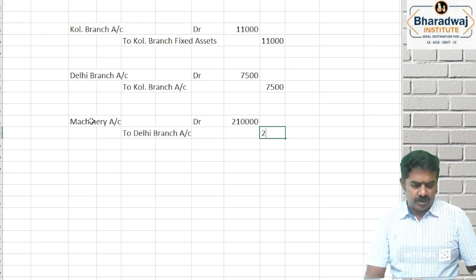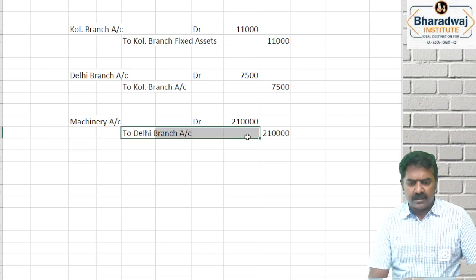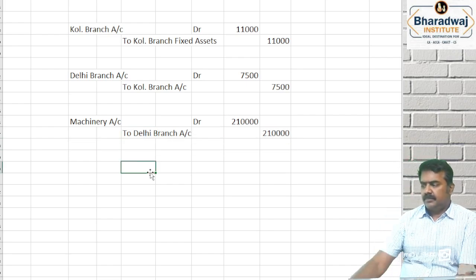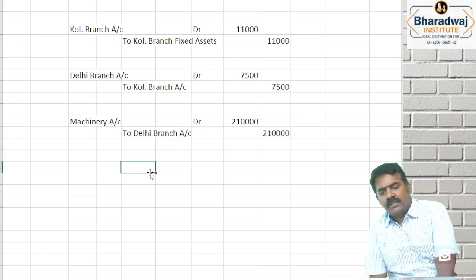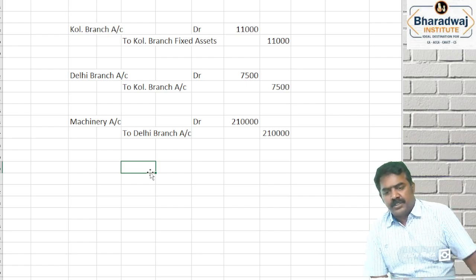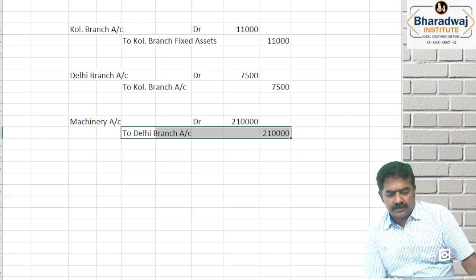Delhi branch account 2,10,000. The asset is with us, but who paid it? Branch paid it. Machinery to Delhi branch account.